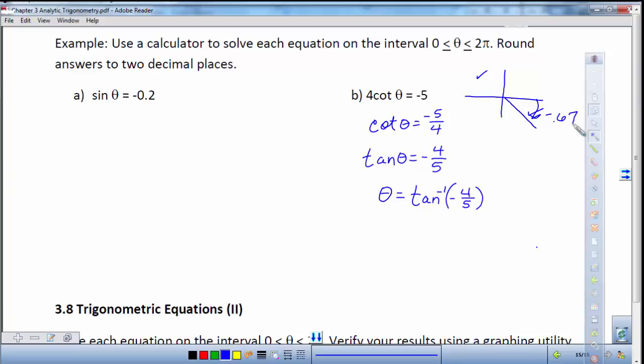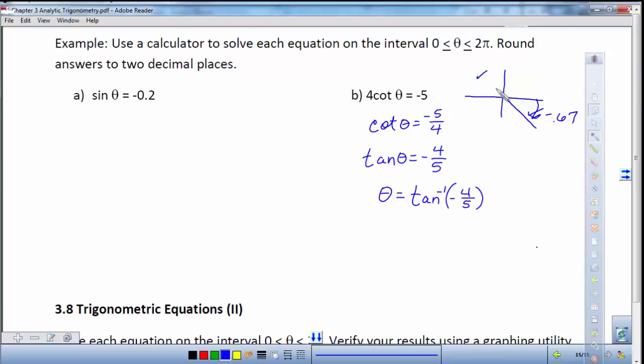How can I get the appropriate answers? How can I get back to the other side? Just add pi, right? Because remember the period for tangent is pi. If I add pi, that's going to give me my answer in my second quadrant. And then to get an appropriate answer in the fourth quadrant, I need to add pi again.